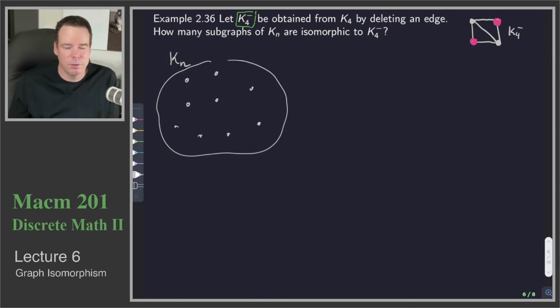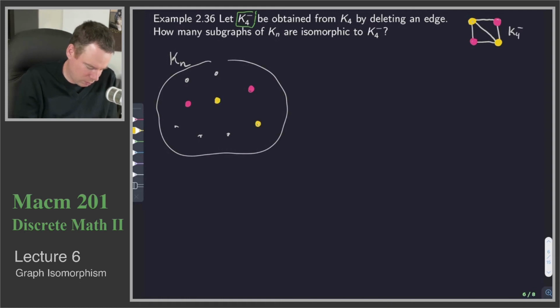How am I going to find a copy of K4 with an edge removed in there? What I will do first is pick the two red vertices, and maybe I'll color the other ones as yellow. And then I'll pick those two yellow ones in my picture here.